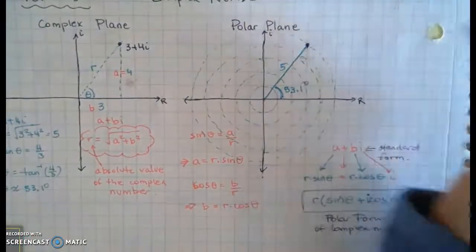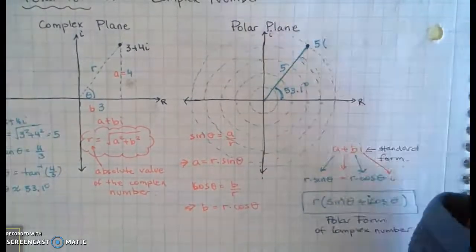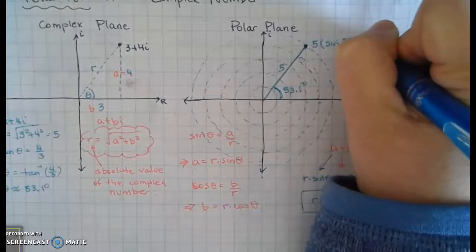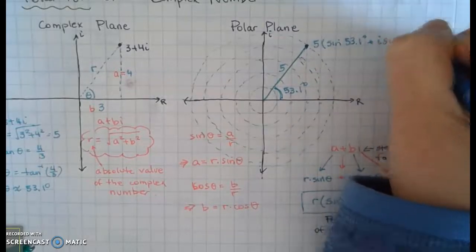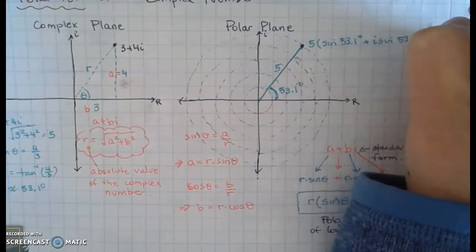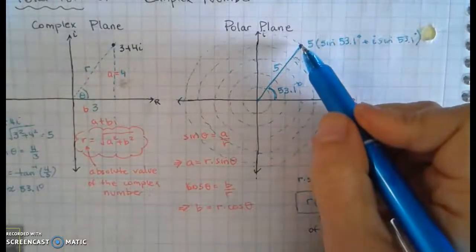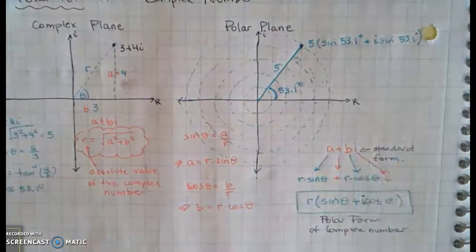So this point can be represented as 5 parentheses sine of 53.1 degrees plus I times sine of 53.1 degrees in parentheses. That will be the polar form of the same complex number.